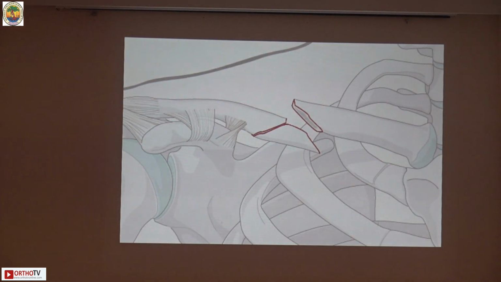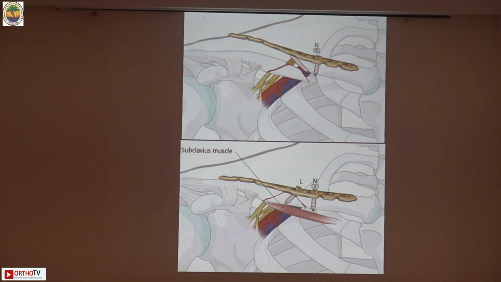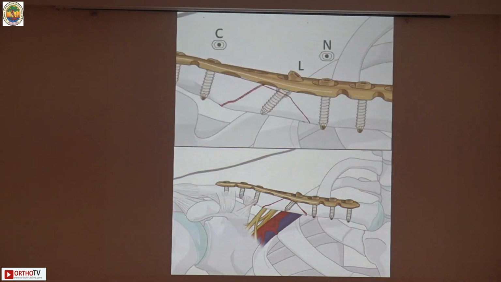Similarly, a wedge fracture can also be lagged either independently or through the plate, making sure not to enter the subclavian space and hence avoiding injury to the neurovascular structures.